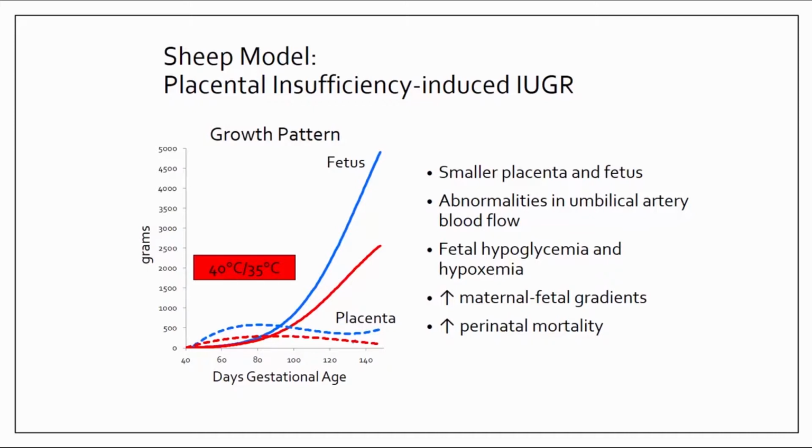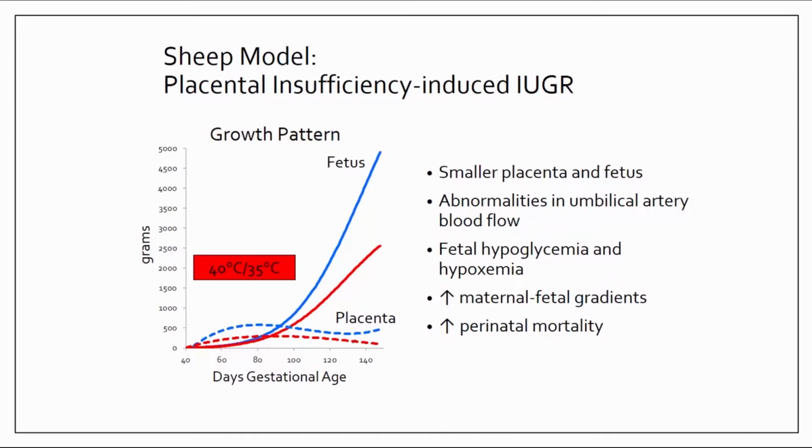What we do is expose these ewes to high ambient temperatures, about 104 degrees Fahrenheit during the day, about 95 degrees Fahrenheit at night, 35 to 45% humidity, which is enough to significantly reduce placental growth between 40 and 95 days.